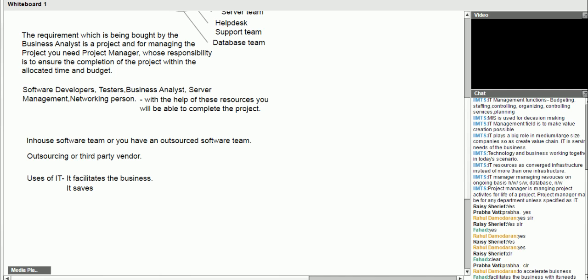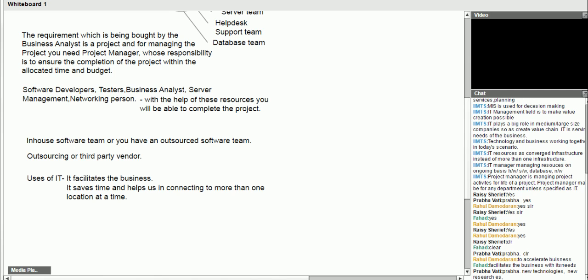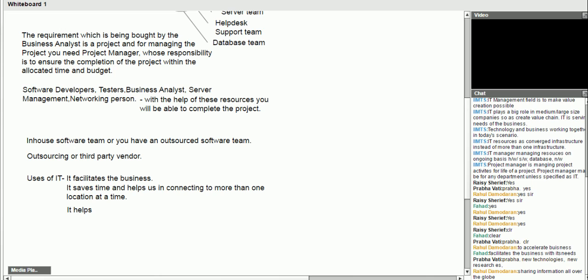It saves time and helps us in connecting to more than one location at a time. It helps us in sharing the information across the globe.